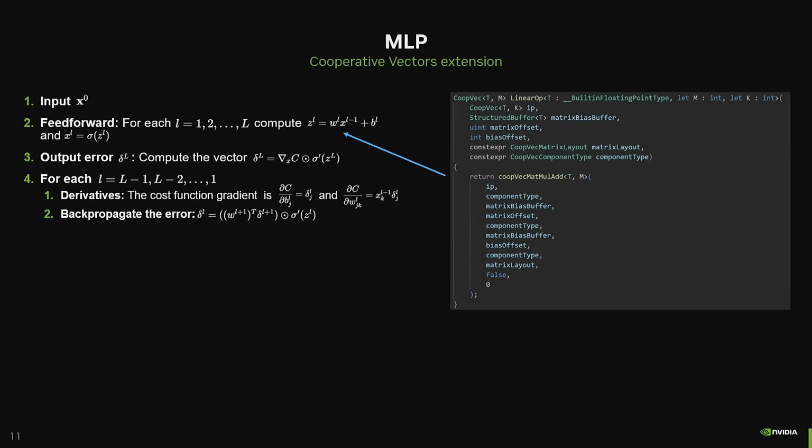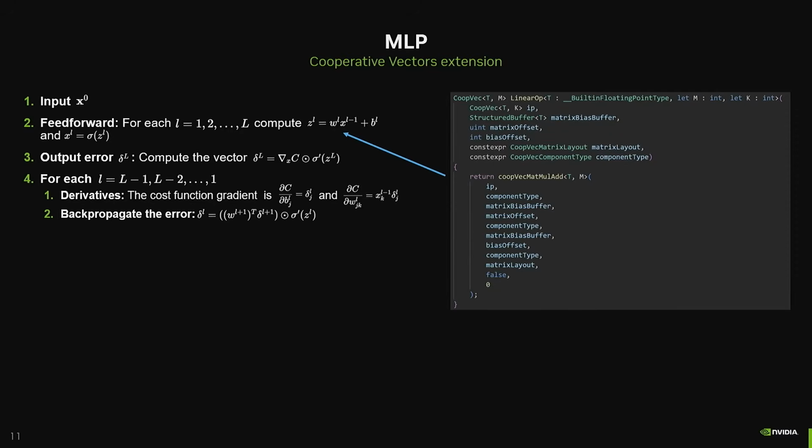In the current state of the SDK, but very soon there will be a DirectX version for that, and we will update the SDK at that moment, so it will be available in DirectX as well. But for now, we have those functions to implement different steps of the backpropagation algorithm.